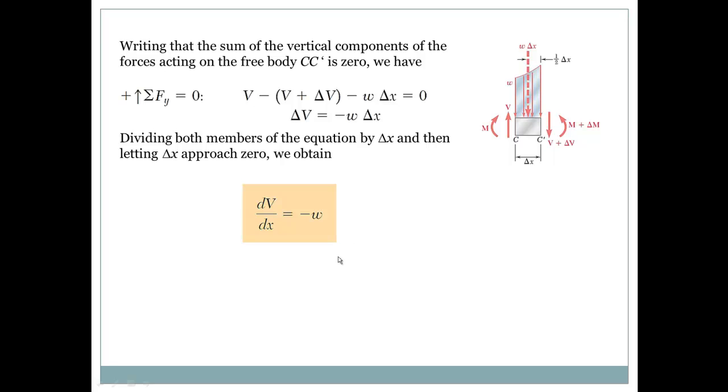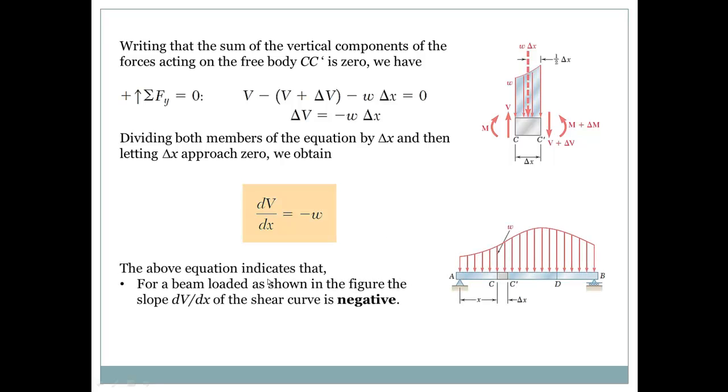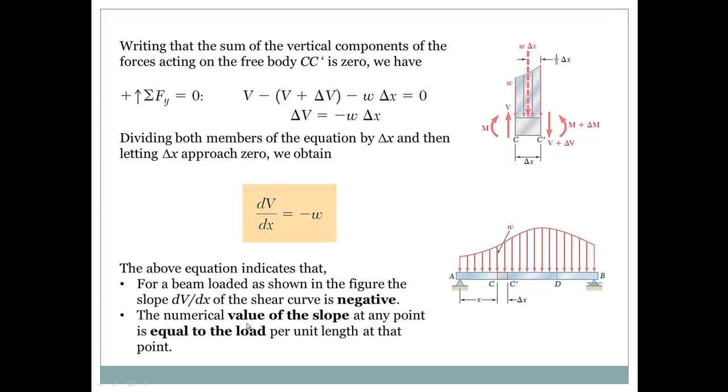So what does this mean? The above equation indicates that for a beam loaded as shown in the figure, that's the beam we had before, the slope dV/dx of the shear curve is negative. And the numerical value of the slope at any point is equal to the load per unit length at that point.